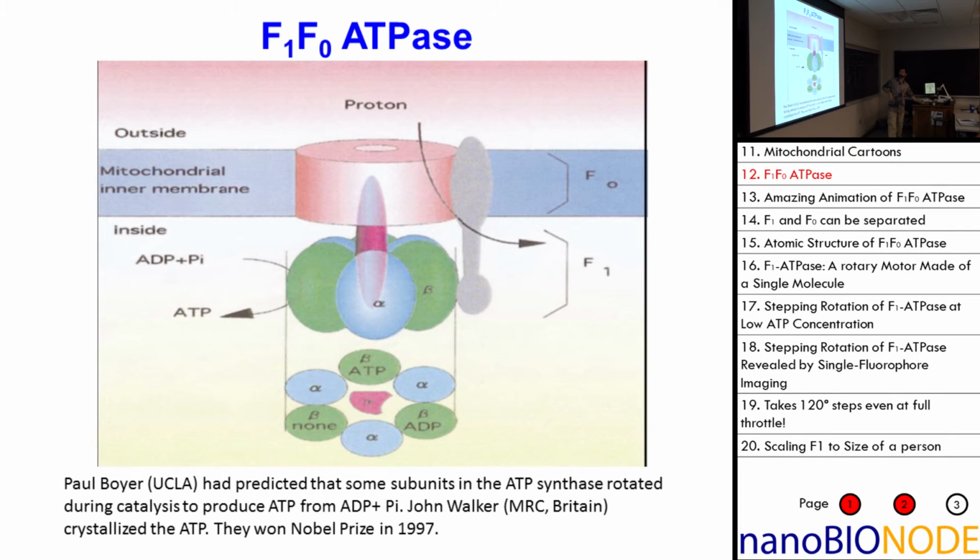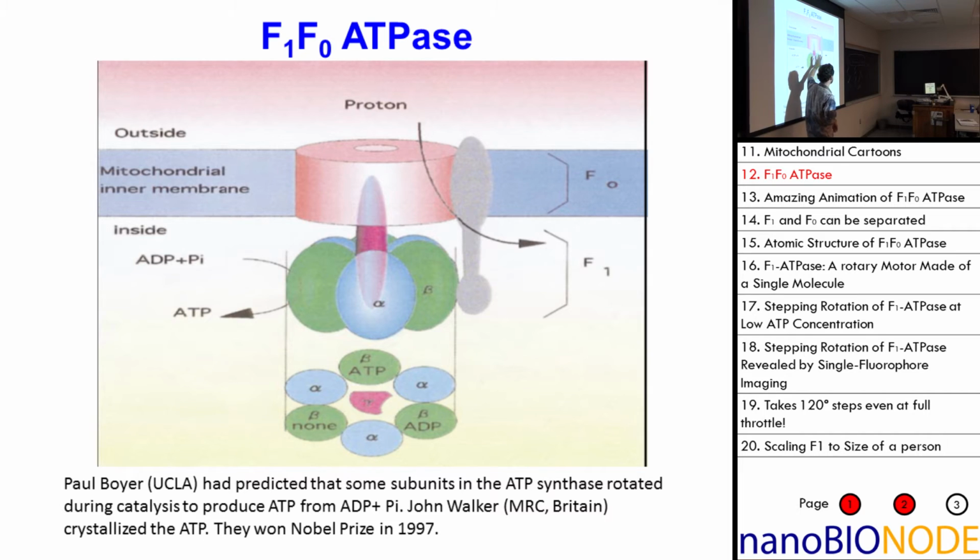So I'm going to show you a model, a cartoon. But before you do that, you just need to understand that there's actually 2 parts to it. There's FO, which is the part that is hydrophobic in the membrane, and then there's F1. And the idea is the proton, or positive charge, is going to go across the membrane.